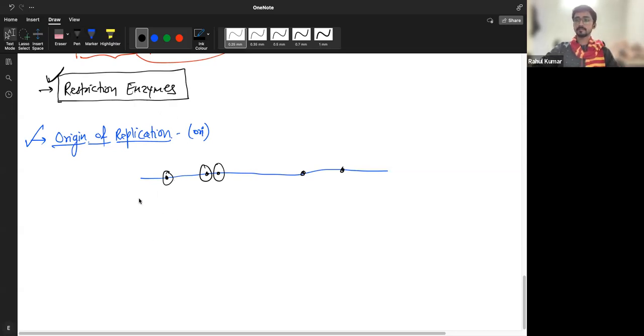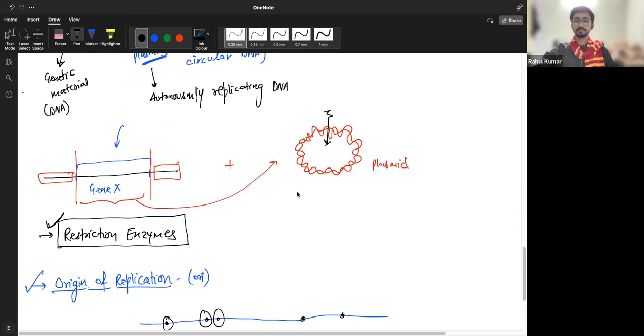Okay, so everything is in place. Now let's start doing some biotechnological stuff. So it's clear that we want to make a recombinant DNA. We need certain tools to do that because we are engineers now, bioengineers. We want to engineer a new DNA using a plasmid. So the plasmid that we are using here, what purpose are we using it for?